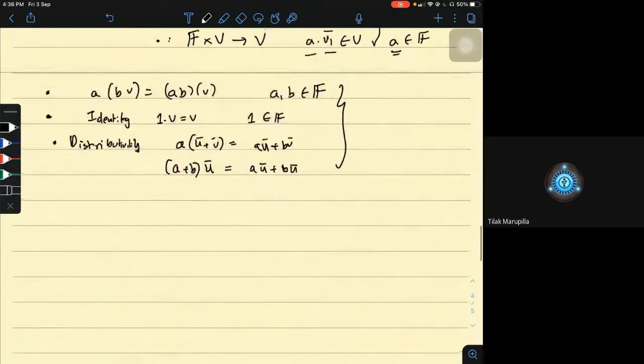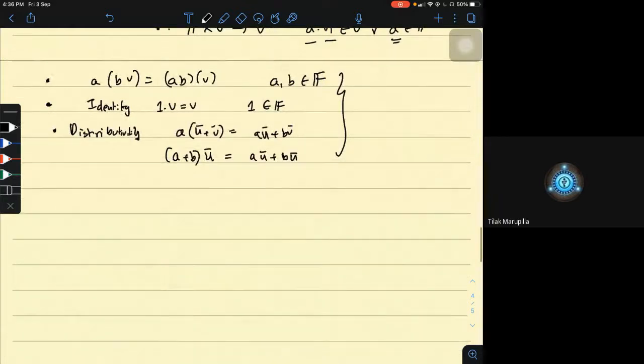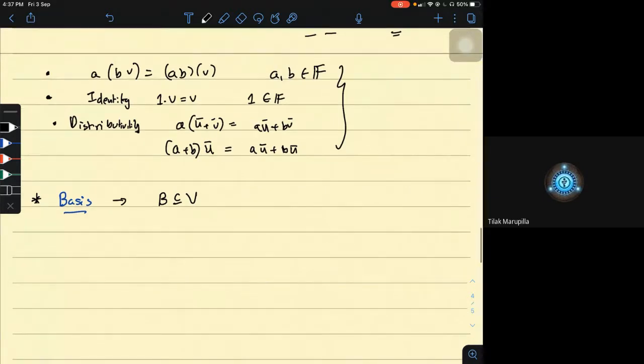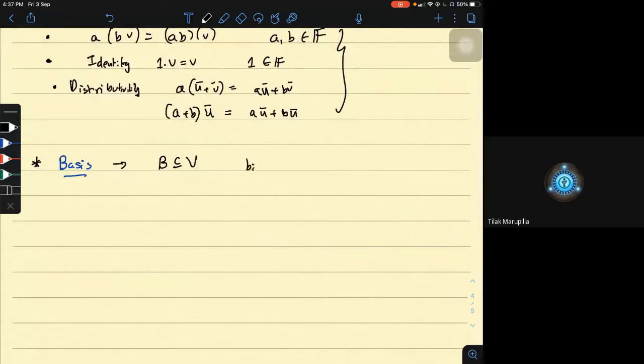So till now, I've given a very abstract idea of what a vector space is. So let's see in more concrete terms. So a vector space can be written in terms of its basis vectors. So a basis is basically a set B, which can be a subset of the vector space, which has the property that all the elements Bi in B span the vector space.